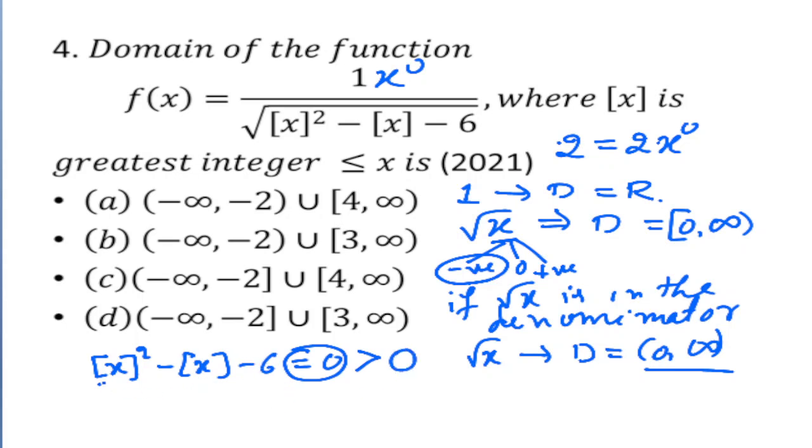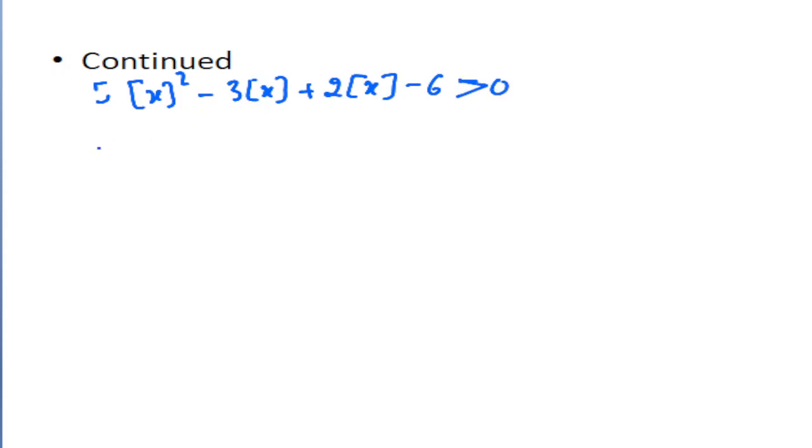We will find the greatest integer function x value. Here we have a quadratic polynomial in the greatest integer function. Let us split the middle term, friends. What you have here, 6 and 1. So you can split the middle term as minus 3 plus 2. Okay, friends, let us write this as greatest integer function x square minus 3 into greatest integer function x plus 2 into greatest integer function x minus 6 is greater than 0.